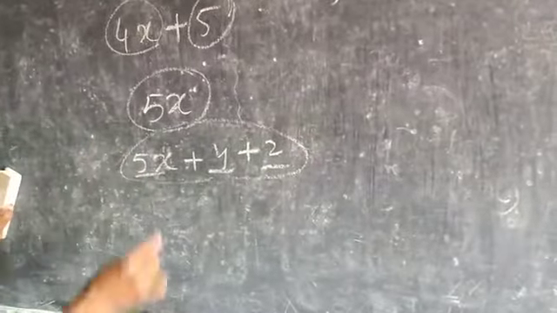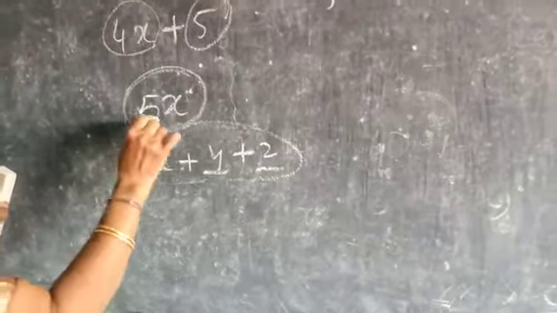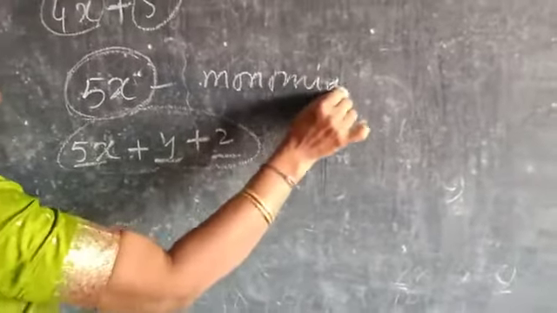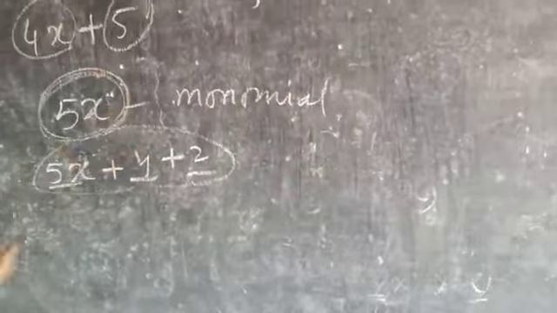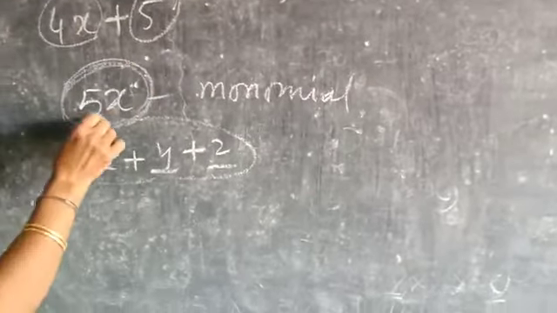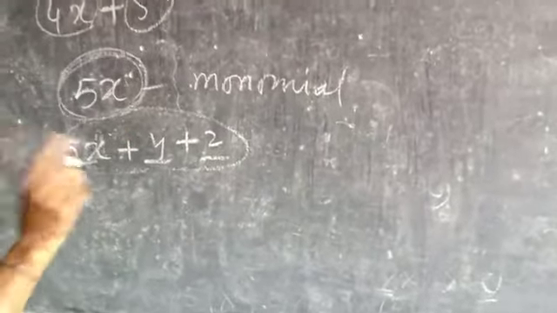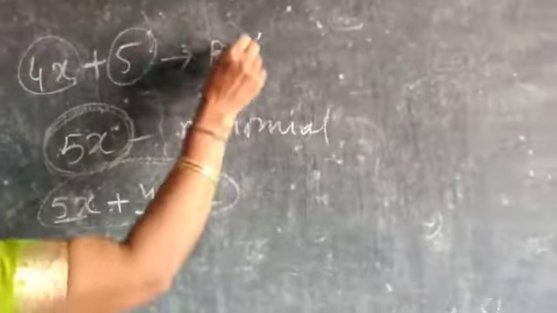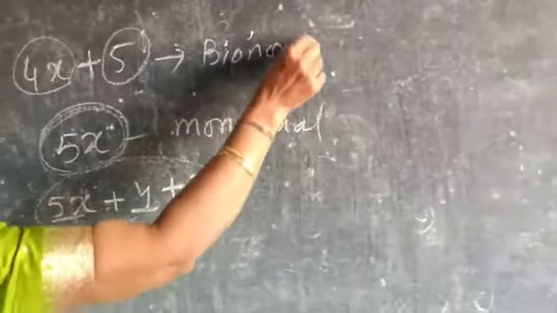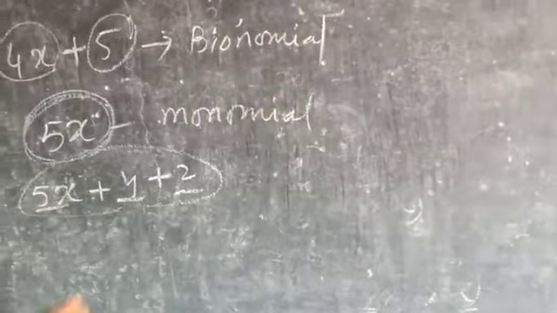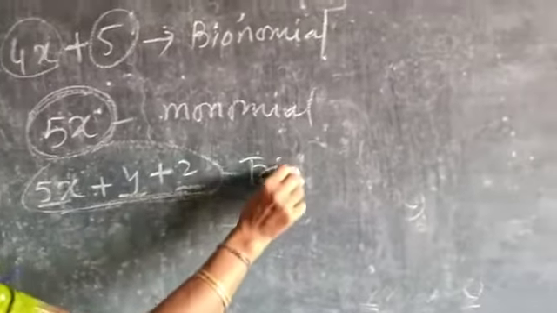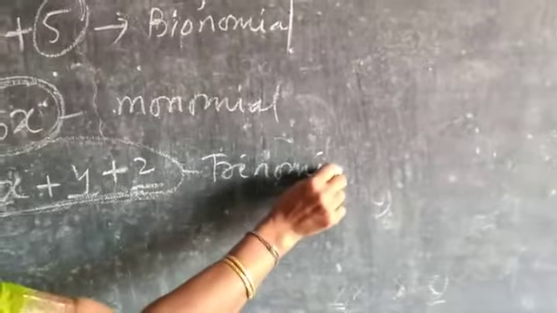The expression having only one term is called a monomial. Do you understand? For example, 5x means 5 into x, which is one term, so it is called a monomial. The expression having 2 terms is called a binomial, and the expression having 3 terms is called a trinomial.